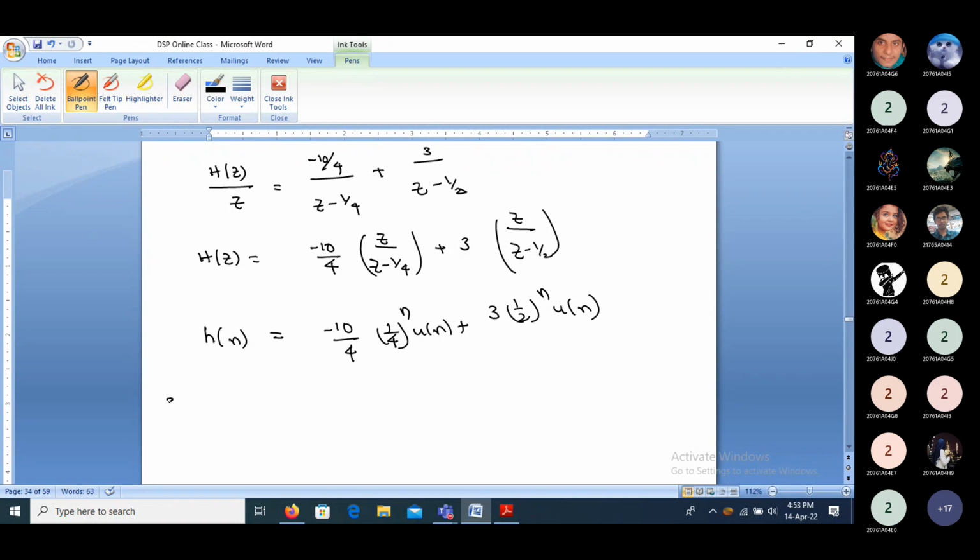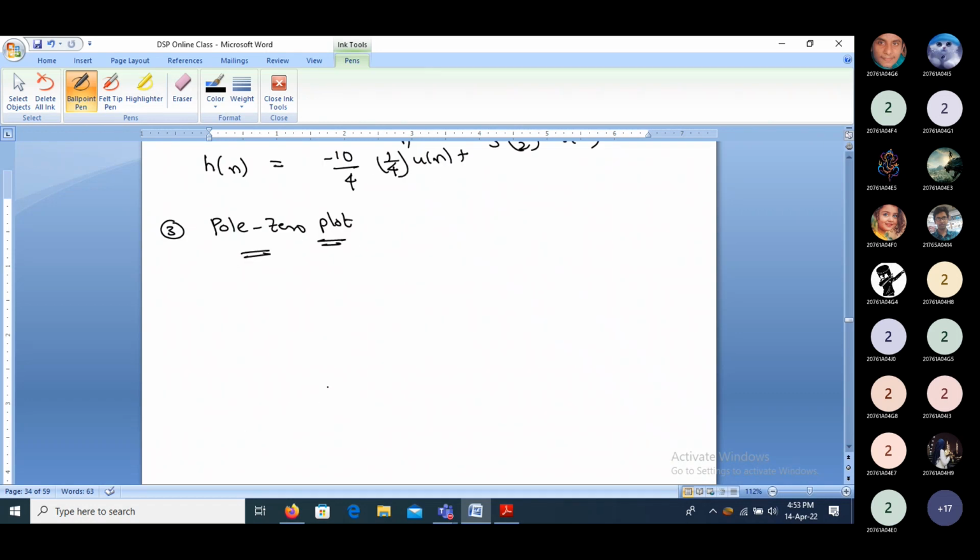Next, the third application is a pole zero plot. It's a very simple pole zero plot. So how can you plot the poles and zeros?